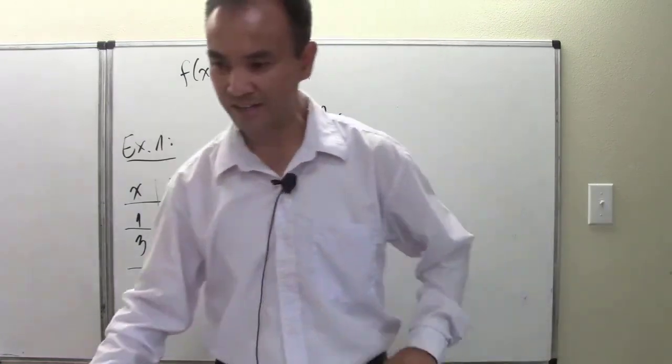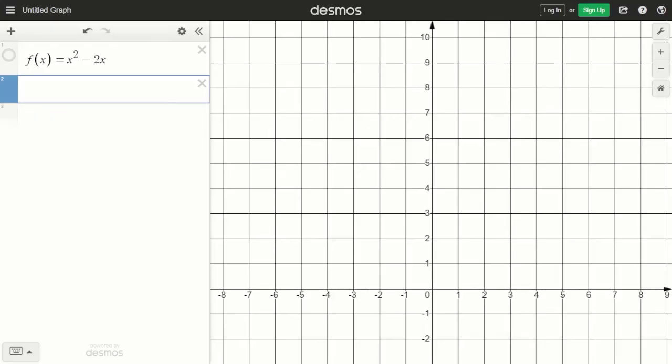So now let me bring back Desmos. Of course, if you want to still retain this earlier function, x squared minus 2x here, then just create a new command entry line right here. Now I'm going to click on the add item, and then click on table.